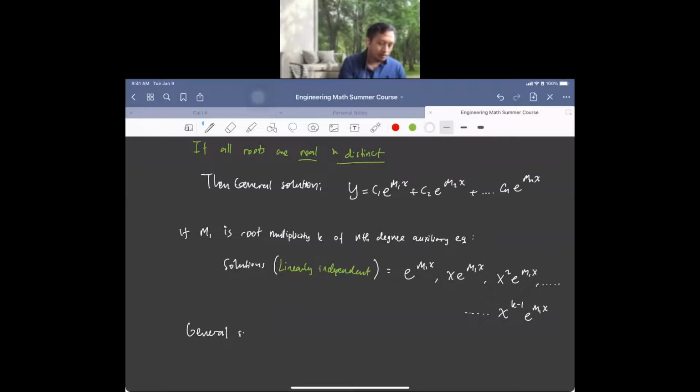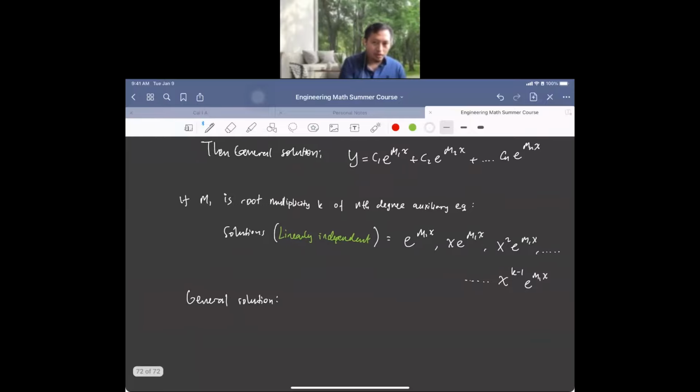The general solution for the multiplicity will be combinations of c1 e^{m1 x} plus c2 x e^{m1 x} and so on.